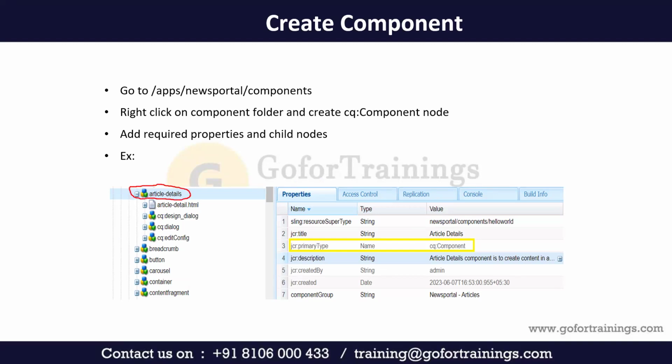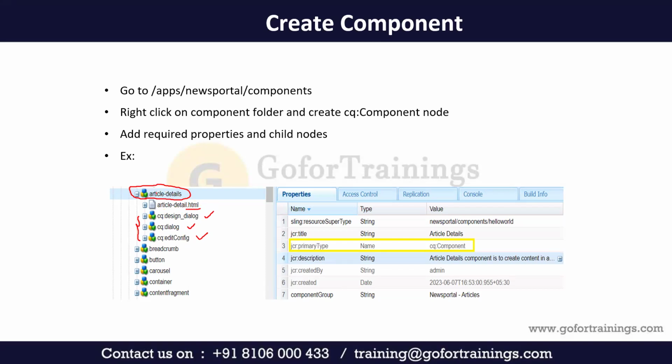This is one node and it contains multiple child nodes: the article-details.html file, cq:design_dialog, dialog, and cq:editConfig. In the next session, we'll discuss the dialog, design dialog and edit config implementation. But as of now, let's create article-details.html to add the required HTML markup of this section.